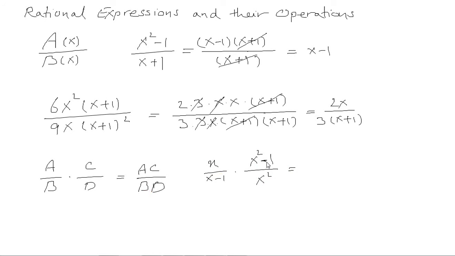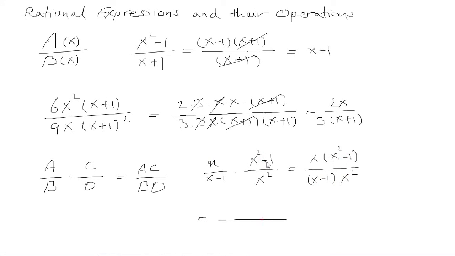So this would be x times (x squared minus 1) over (x minus 1) times x squared. So it's ac over bd. But I need to simplify this, so I begin by factoring.